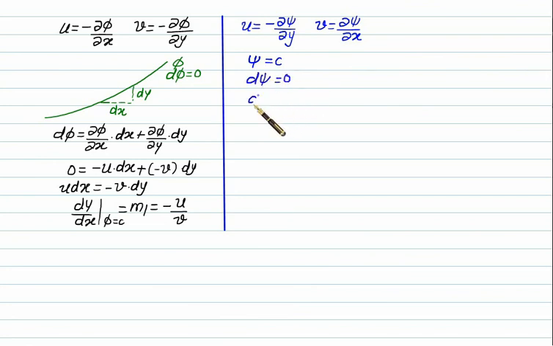This total derivative of d psi can also be written as del psi by del x into dx plus del psi by del y into dy. So since d psi equals 0, we have del psi by del x, which is v, a positive value, into dx, and del psi by del y, which is the negative value of u, multiplied by dy.